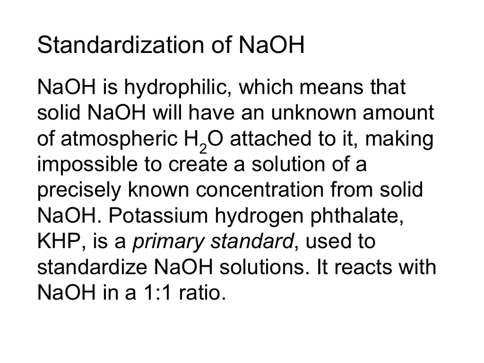And so we can use something called potassium hydrogen phthalate, KHP, which is a primary standard. This is a primary standard that we can know the exact mass of very, very accurately. And it's used to standardize NaOH solutions and reacts with NaOH in a 1-to-1 ratio.